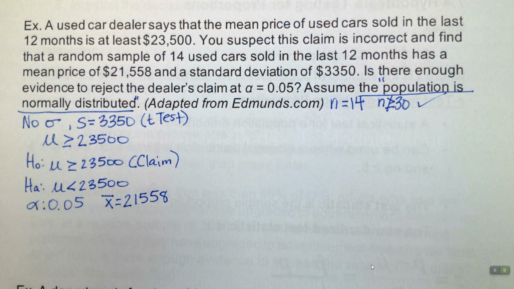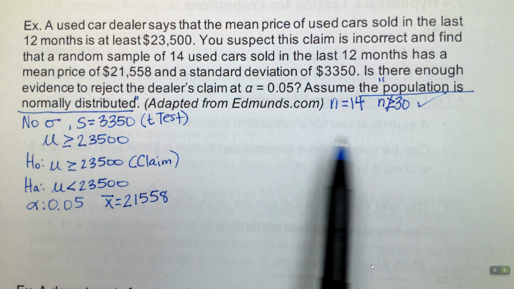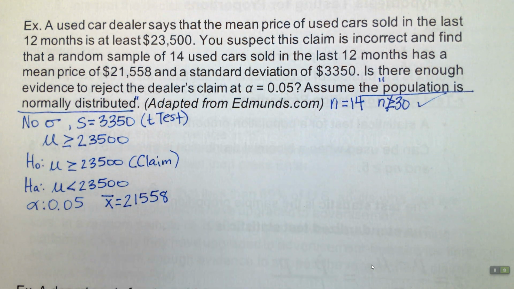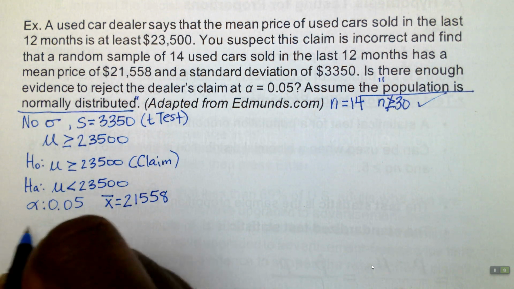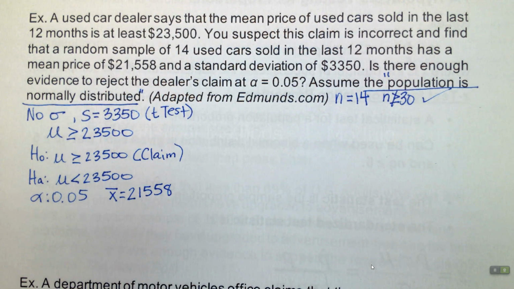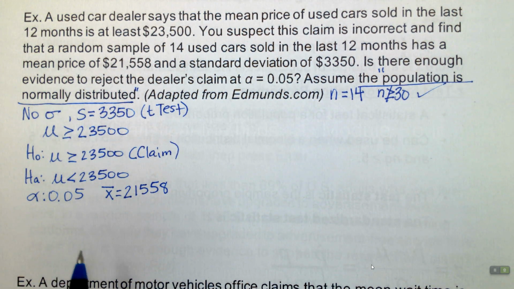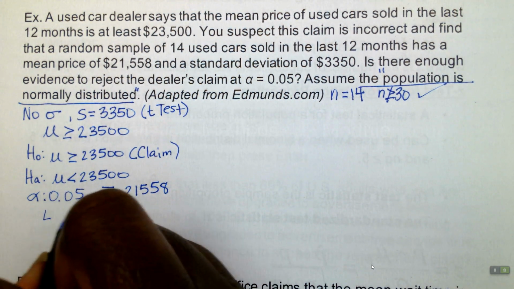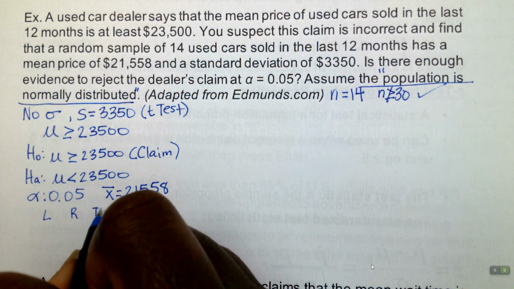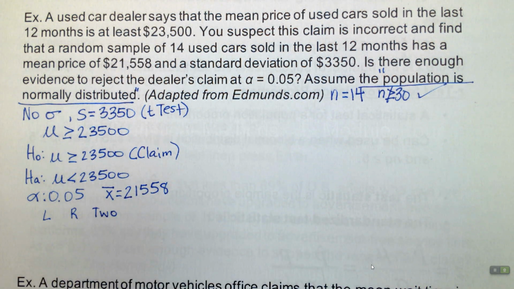All right. So if you're going to use your calculator and use the p-value, you're good. Go straight to your calculator and put your information in. If you want to use the t and t naught to compare, then we have to find our t naught. So first we determine what kind of test we are running: left, right, or two-tail.